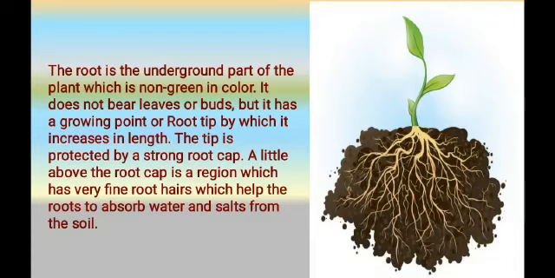The main root is called the taproot, which is thick. A root has two main parts, root tip and root cap. The root tip helps in the growing of the plant body and the root cap protects the root tip. The function of the roots is to absorb water and minerals by the root hairs for the plant body.